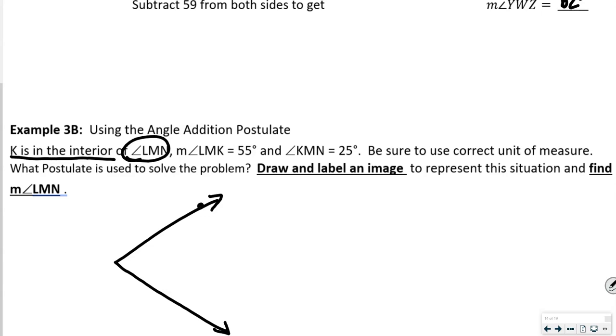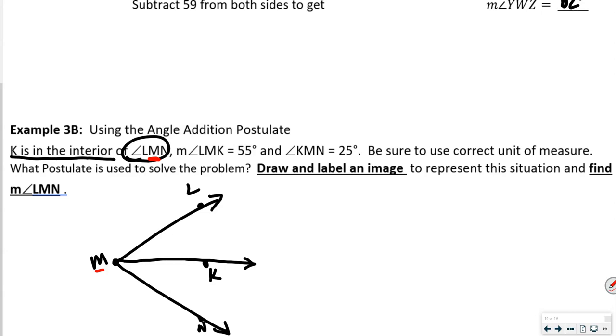So this is going to be angle L, M, and N. And listen, this M is our vertex. See it right there? So that should always be our vertex, the middle letter, okay? And then it says K is in the interior. So we're going to draw a point K right here, but then we're going to draw a ray to it, okay? Now again, this is just a representation, so it doesn't matter how accurate our drawing is.